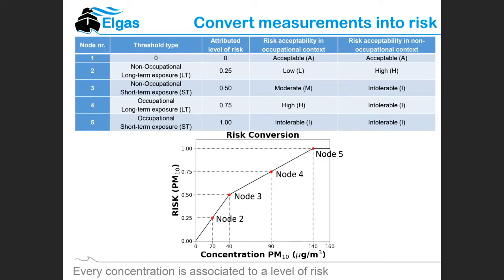The nodes that define this piecewise function are the thresholds we collected from the different legislations. And the risk will be higher depending on the concentration value. If you get a higher concentration value, you will have a higher level of risk.